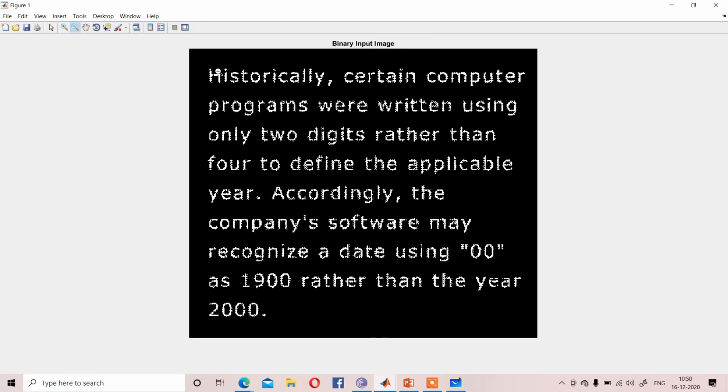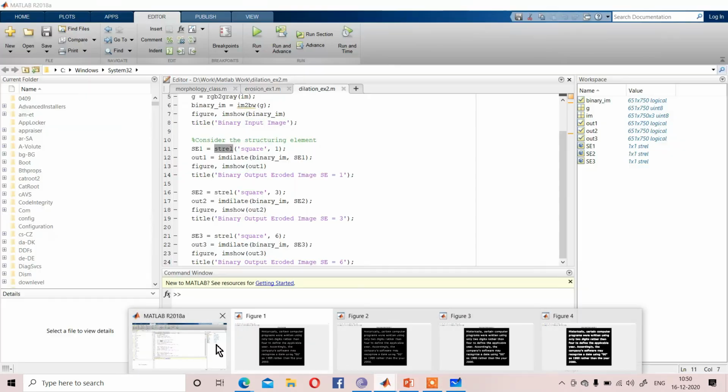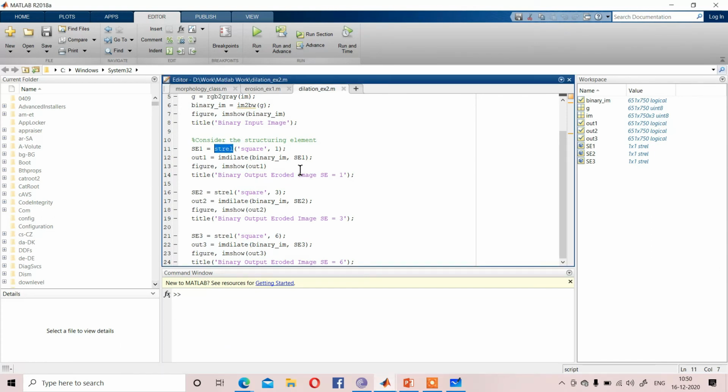You can also consider a disk structuring element or something else, and depending on that you will get the result. Now for dilation you need to use imdilate. So the given binary input image and the structuring element will provide you the output result.